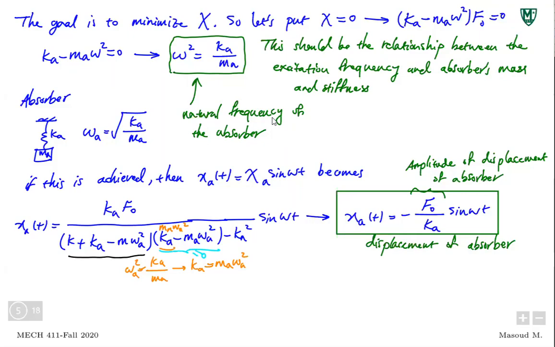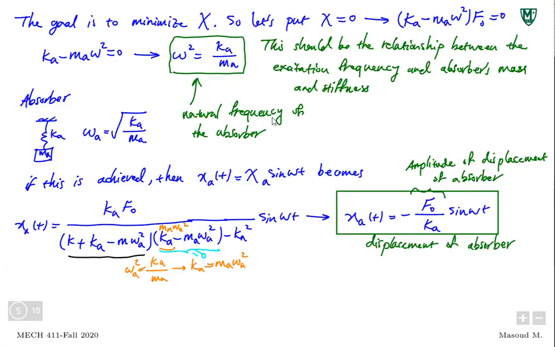And we see that omega turns out to be the same thing. So the conclusion would be, when you design an absorber to absorb the vibration of the structure at a specific frequency, the natural frequency of your absorber should be equal to the frequency of excitation.